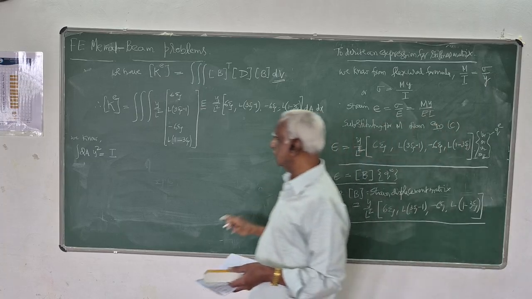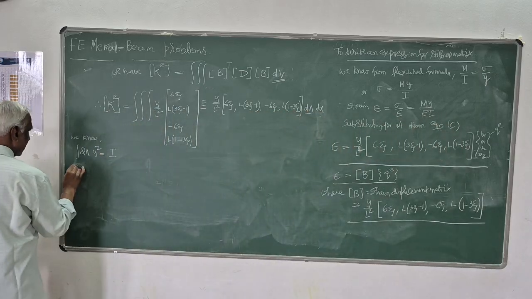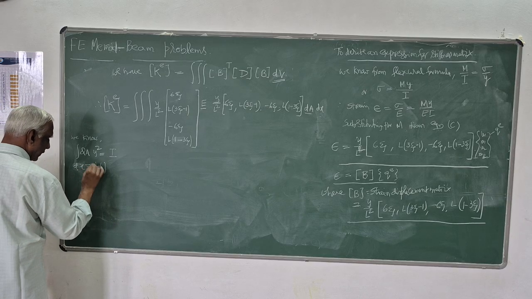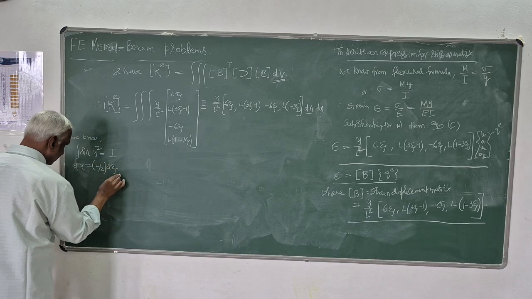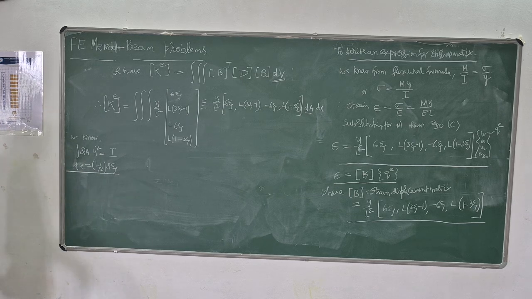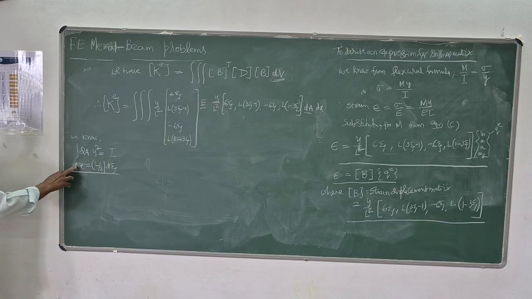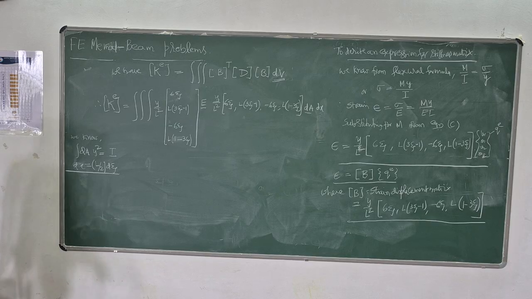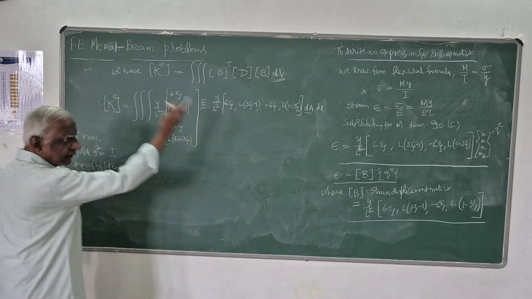So you know that dx is nothing but L by 2 into dξ. So that is the Jacobian transformation, because you know dx by dξ is nothing but the Jacobian, and the Jacobian is nothing but L by 2. That I have already derived earlier.